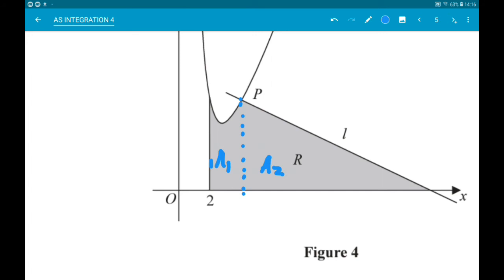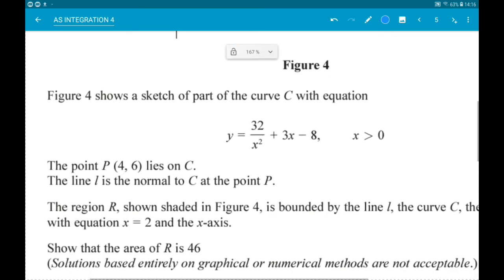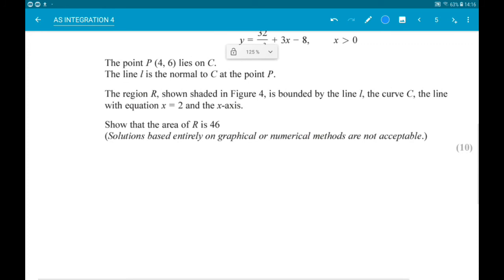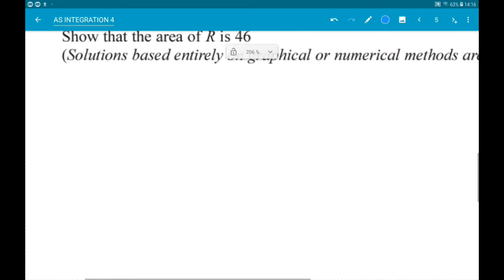We integrate. So, let's find A1 first. So, if we rewrite the equation for C, we get y is 32x to the minus 2 plus 3x minus 8.